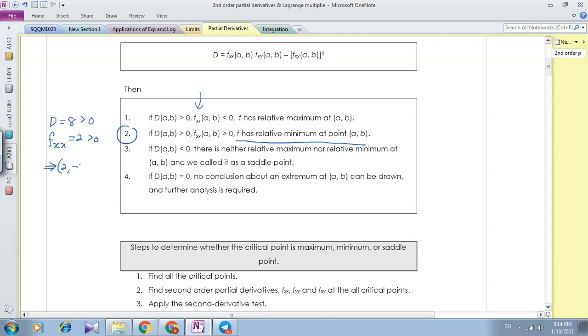(2, -1) is a minimum point, because the conditions are consistent with condition 2.